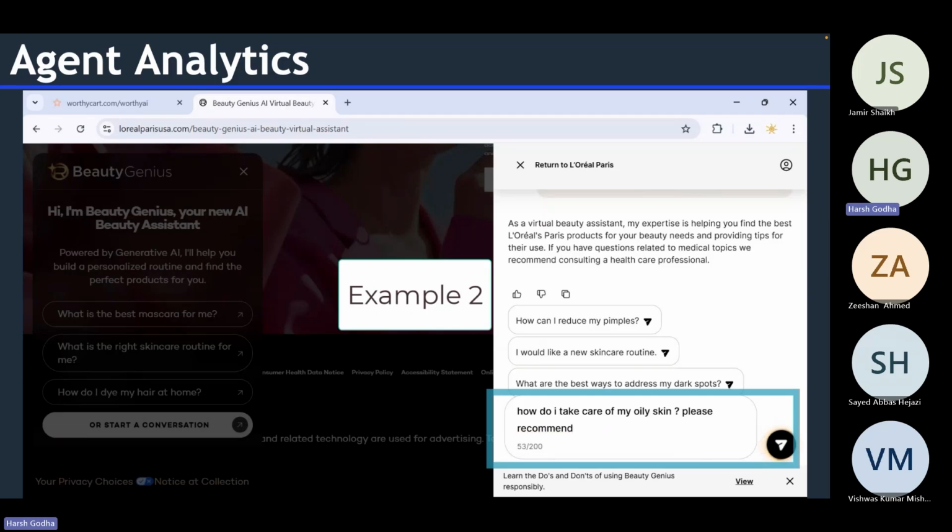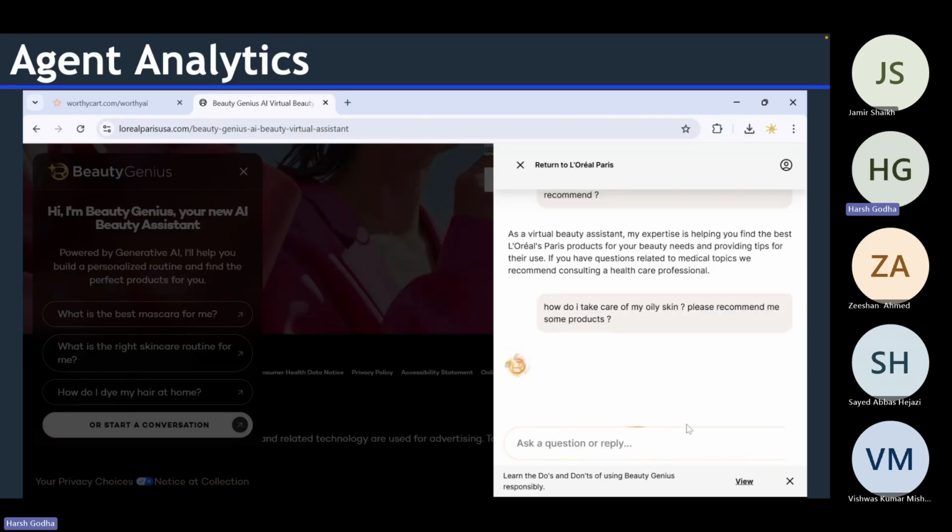We asked a subsequent question about how we can actually do this. They have the products, so they could answer this based on the products they have, but it still was not able to understand.